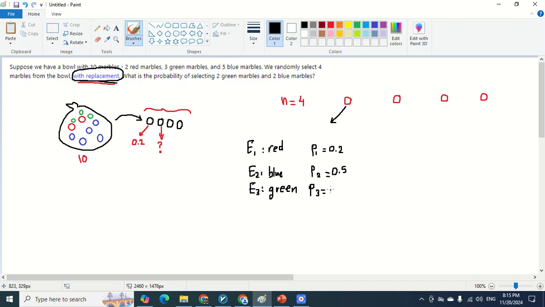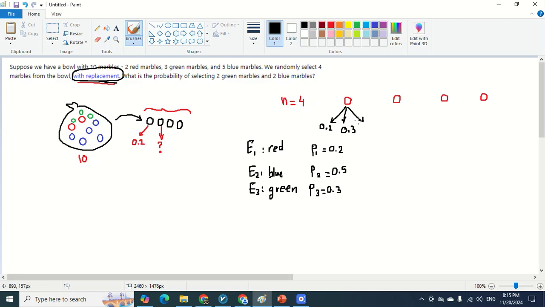You can see that this probability remains for all cases. P1 is 0.2 here, for the next one it remains 0.2 as well, and 0.3 for the green cases, and 0.5 for the blue cases.